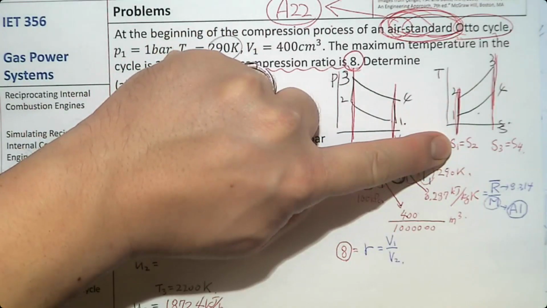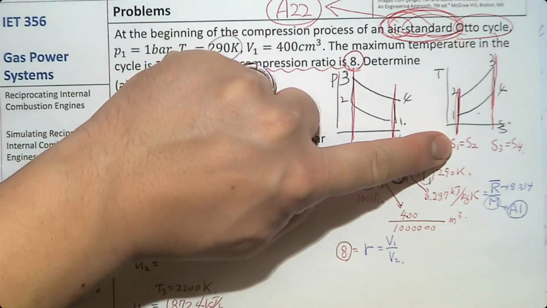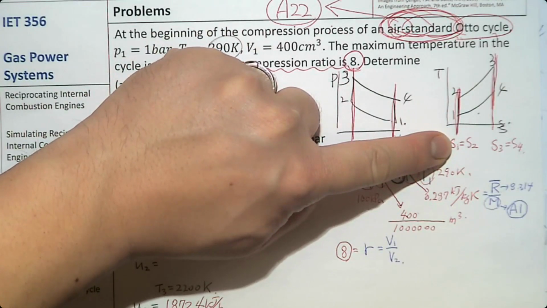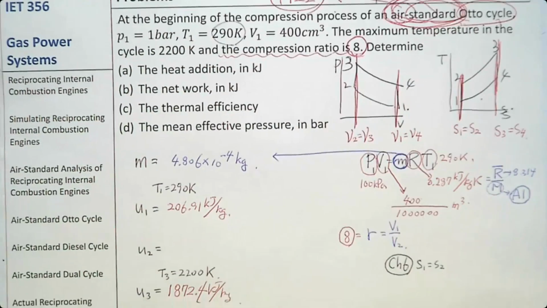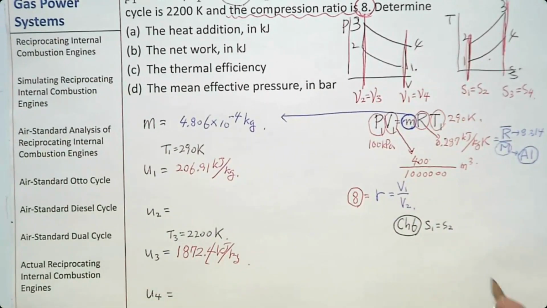Isentropic process. If you go back to chapter 6, when you have an isentropic process, let's say S1 is the same as S2, then there are two equations actually.